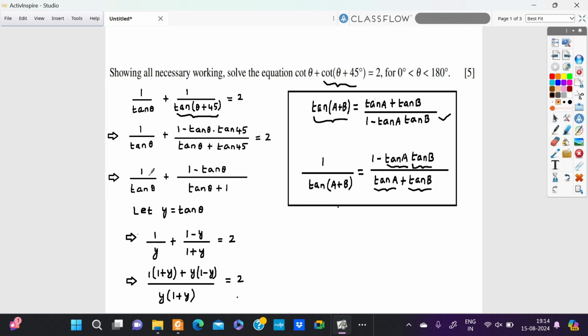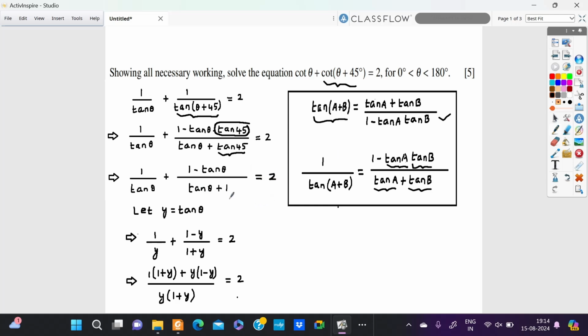On the left hand side, we have tan 45 is equal to 1. So therefore, tan theta times 1 just stays as tan theta. So we have 1 minus tan theta divided by, this is also 1, so you have tan theta plus 1, which is equal to 2.